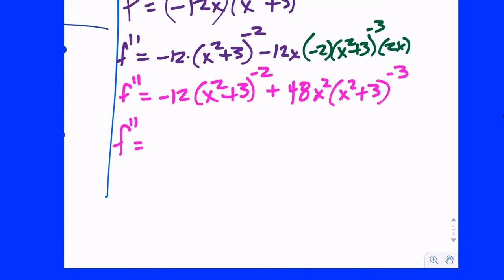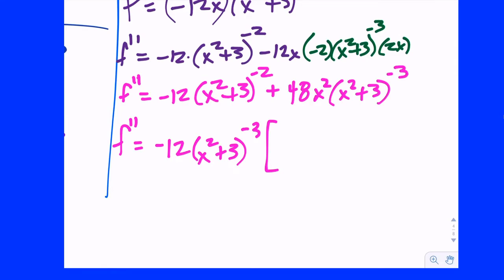So we can factor out a 12 or a -12. What would you prefer? I have a tendency to pull out the negative as well. Okay, no big deal. There's no x, unfortunately, but there are some x squared plus 3s. And which one do we pull out, the -2 or the -3? The -3. So the lesser of two powers here. And then we go to the beefy pink bracket.